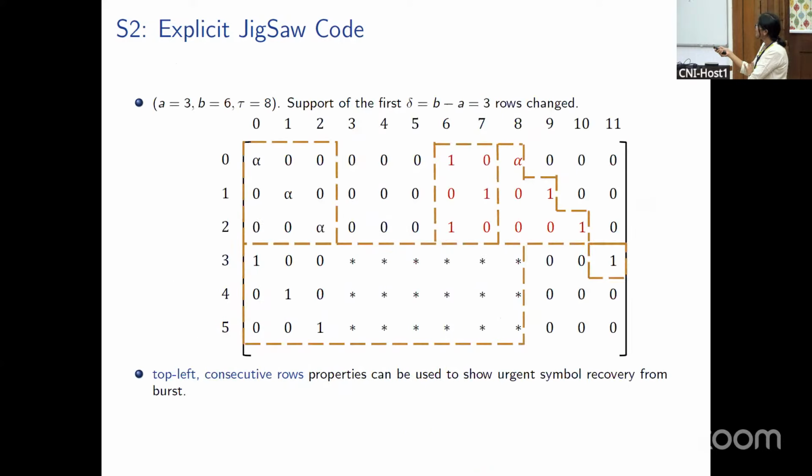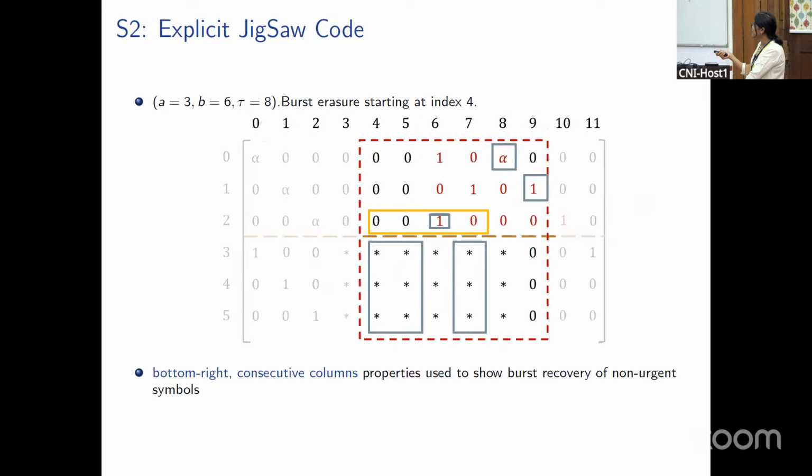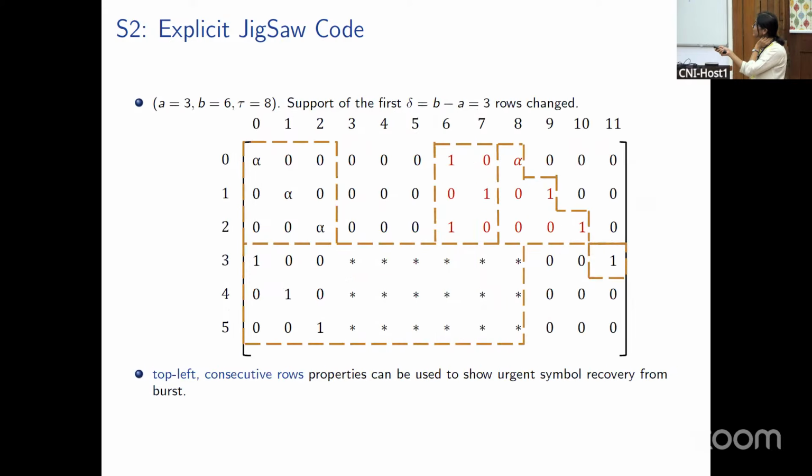The top left and consecutive rows properties again help in showing the urgent symbol recovery property, like we saw for the wraparound burst correcting code. And the next two properties, bottom right and consecutive columns, help in showing the burst recovery for non-urgent symbols. So whatever ideas we have seen for burst only correction will follow through.